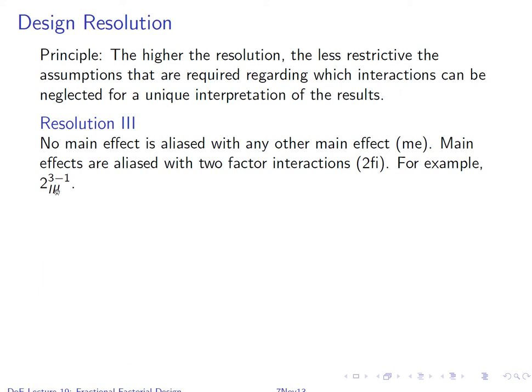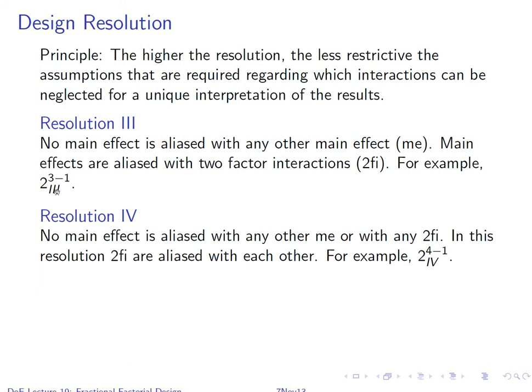The notation for that is 2, because we have 2 levels, to the 3, so K is 3, I have 3 factors, minus 1 is a 1/2 fraction, and subscript Roman numeral 3 means a resolution 3 design. This is one of three that we'll typically use or that satisfy most cases.